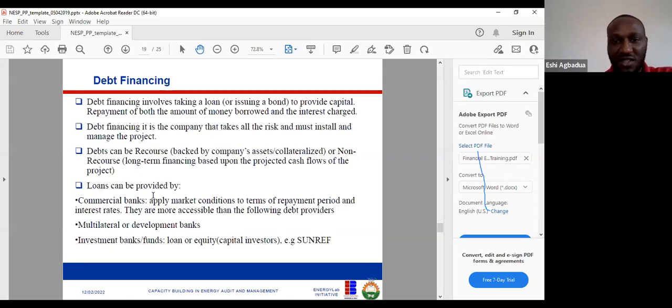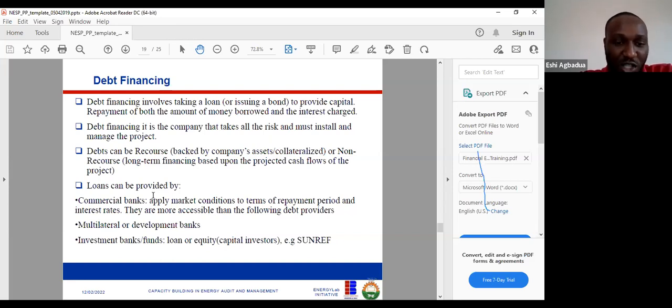Of course, debt is as it sounds: a loan given with an interest rate, collected over a particular time. The loans can be collected either from commercial banks, based on their interest rates and time period, or from multilateral development banks. You hear a lot of times where you have AfDB and others giving support with a lot of clamor on climate change.